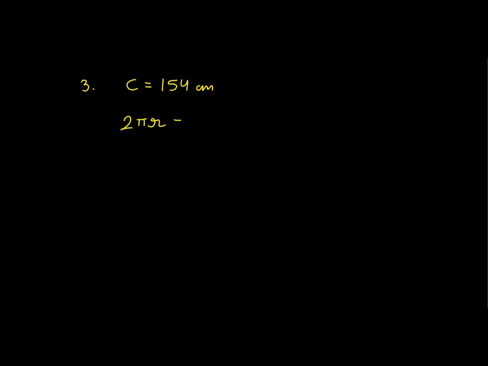So it means 2 pi r is given to us as 154. Now we will solve this equation for r. This is a simple equation which can be solved for r. 2 into 22 by 7 into r gives you 154. If we isolate this r, we'll get the value of r as 154 into 7.